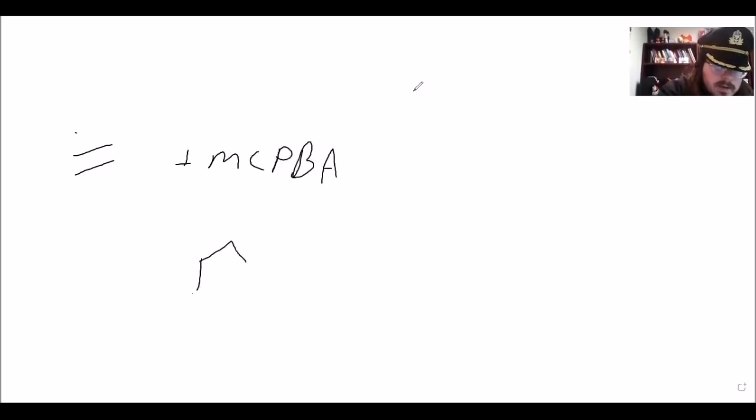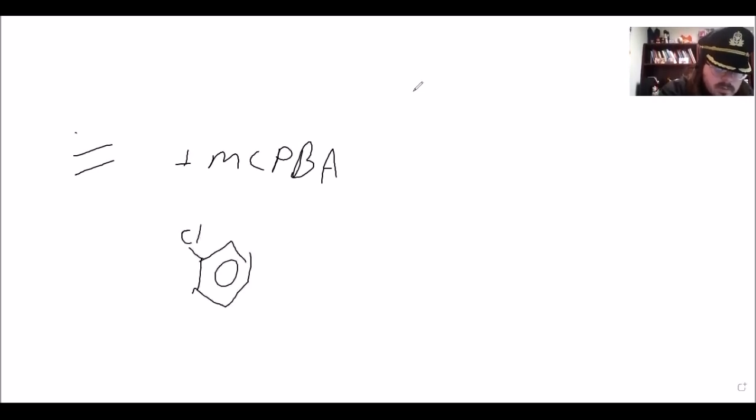So, we start off with, say, an alkene, and we use MCPBA, which is monochloroperoxybenzoic acid. But not mono, but meta-chloro.